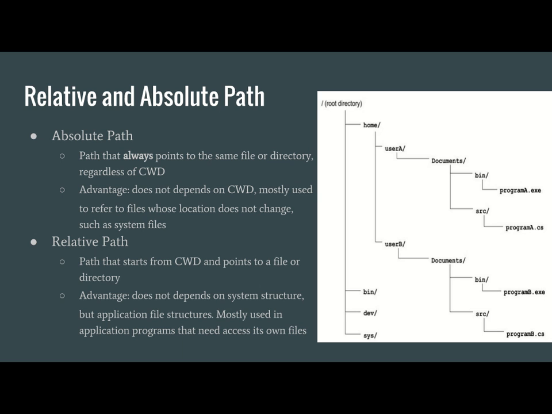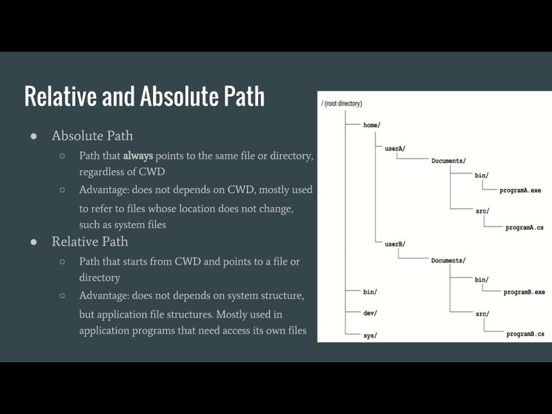Relative path is a little bit different. It starts from the current working directory, and we can use the directory structure to find other relative directories. For example, if I invoke my program A in this directory, this will be the current working directory: /home/userA/document/bin/.